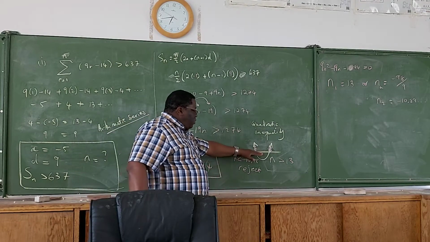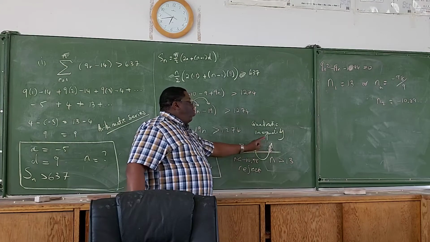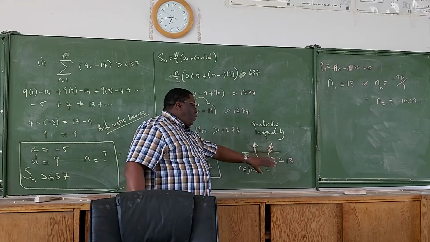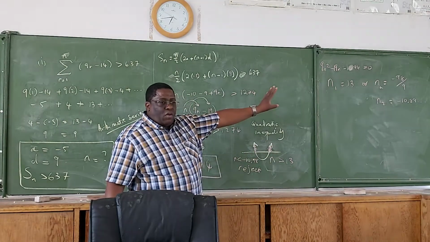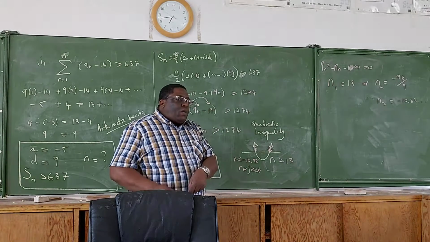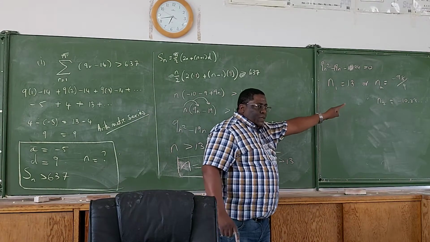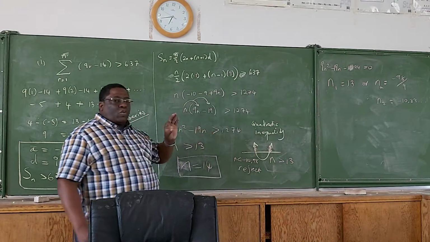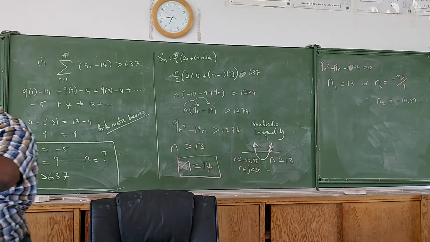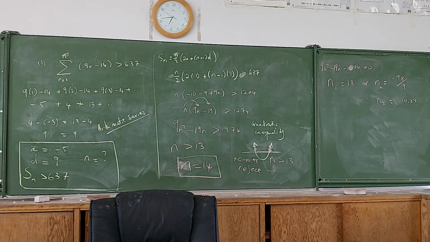It's going to be values above the x-axis. So you need to consider 1 or 2. Obviously you're going to work with the one that is a whole number, because the number of terms should be a whole number, but it's not 13 terms per se because it's greater than, so the number greater than 13, which means n equals 14. N being what we're looking for. Does that make sense?